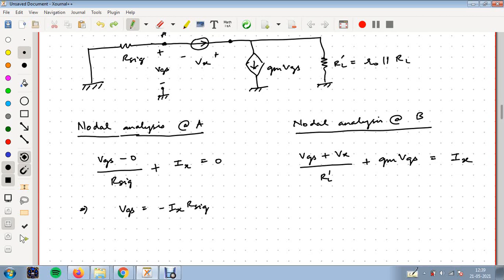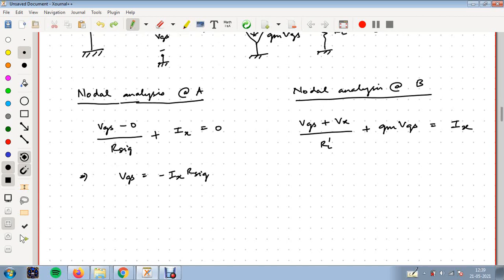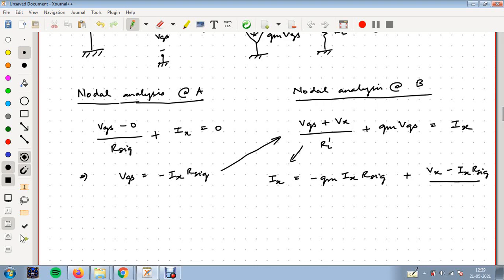Alright, so from this I get another equation. Now I substitute VGS in this equation, so I'll get Ix is equal to minus GM Ix R signal plus Vx minus Ix R signal divided by RL prime.